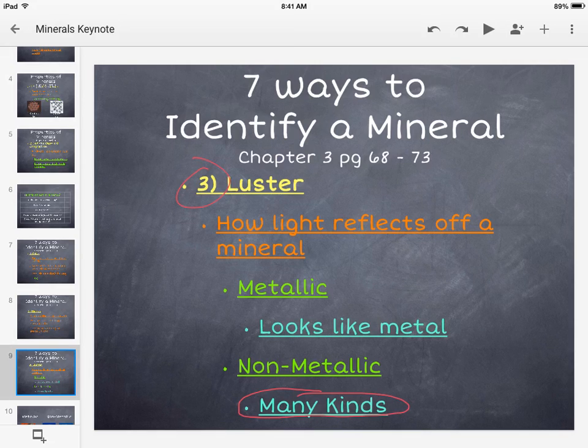And the best way I can describe that is, does it look like a metal? You probably have seen a lot of metals during your life. You know kind of what a metal looks like. Sometimes they're shiny, sometimes they're not as shiny like a cast iron skillet, but you can still tell that it's metal. So those would be metallic. Non-metallic would be everything else.